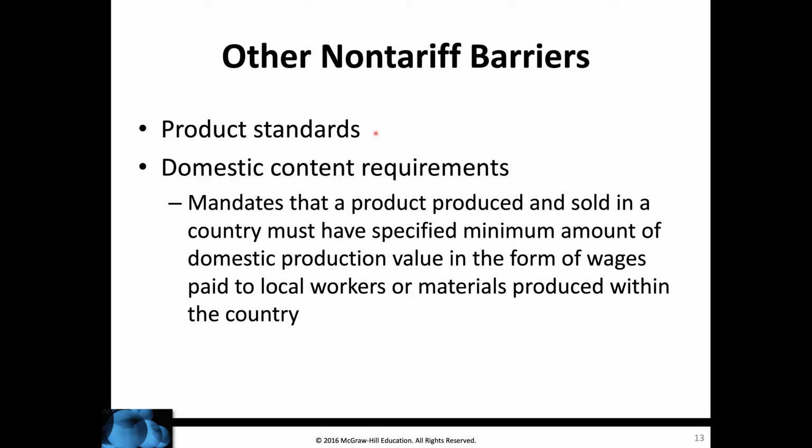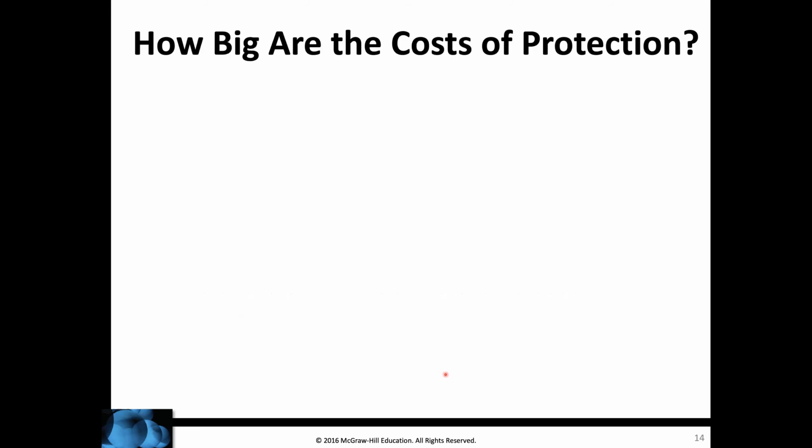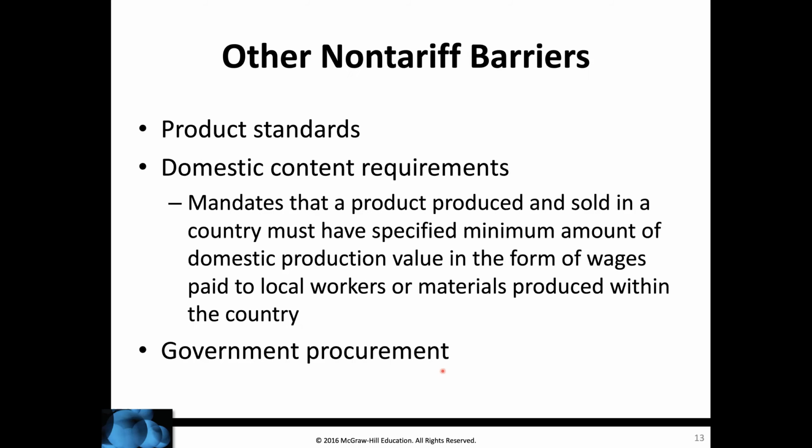Product standards could be specific standards that make it hard for other foreign companies or producers to compete or to meet the standard. And so it would favor the domestic producers. Government procurement is another one that we can look at as well.